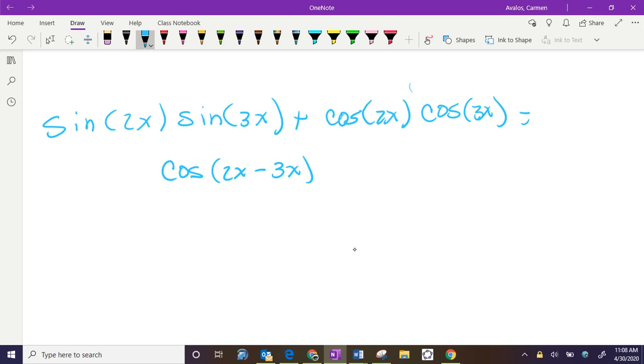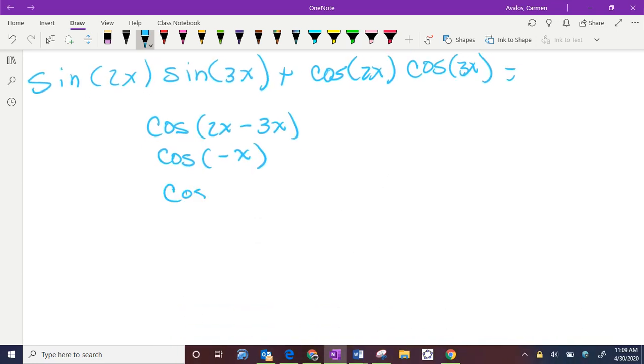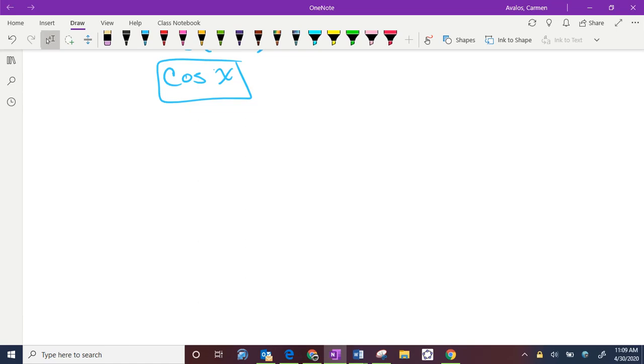And so that becomes the cosine of negative x. But we know that cosine is an even function, so it's going to be cosine of x, and that is your answer. And let's do one more.